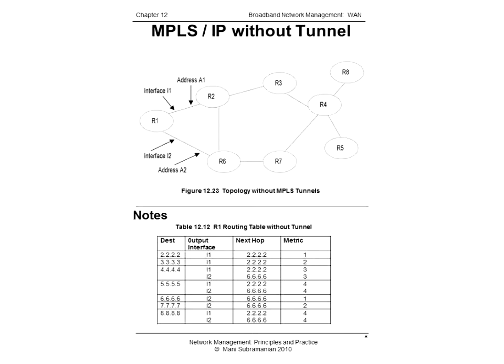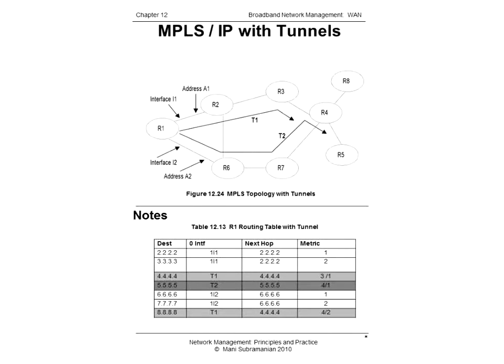And it illustrates the interior gateway protocol network topology with TE and tunnels implementation. So the respective routing table for R1 is shown here. This is the routing table. This is MPLS IP with tunnels.